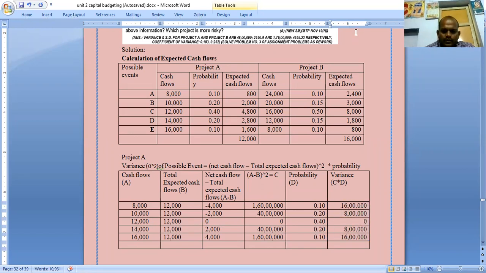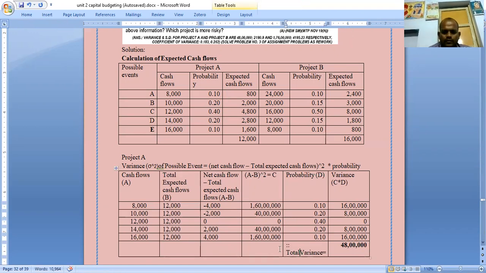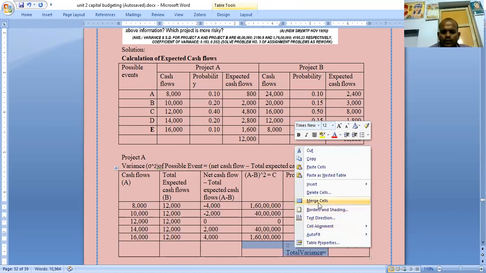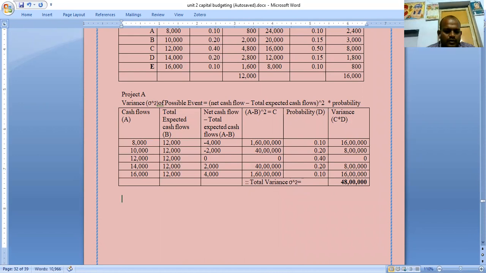So total variance, that is sigma square, is 48 lakhs. Sigma square 48 lakhs.